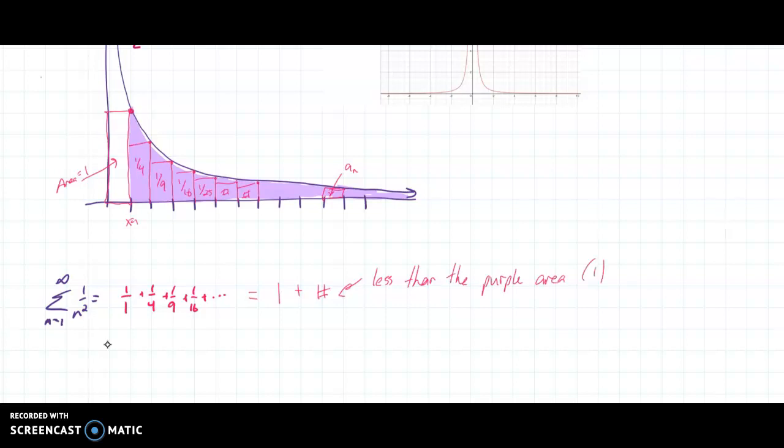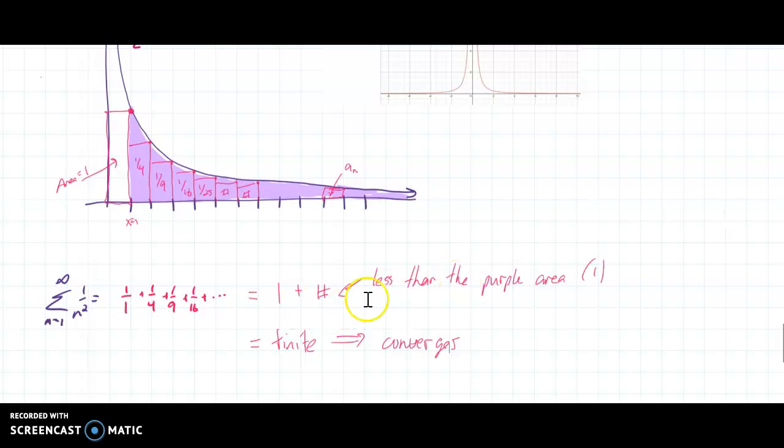So what does that tell me? That this summation from 1 to infinity of 1 over n squared has to be finite, which means that it converges. I'm not saying what it converges to, I'm just saying that it is finite.